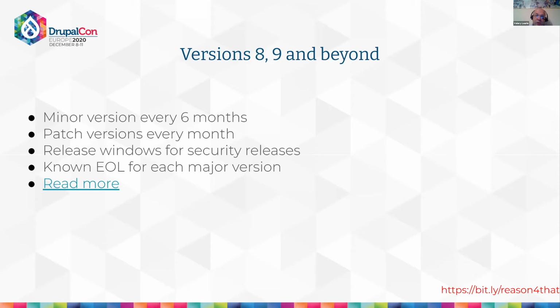So for now, we know for sure when Drupal 8 will lose its security support. And we know that Drupal 7 will have a longer life than Drupal 8. The reason for that is that the transition from Drupal 8 to Drupal 9 and from Drupal 9 to Drupal 10 should be much easier than from Drupal 7 to Drupal 8.